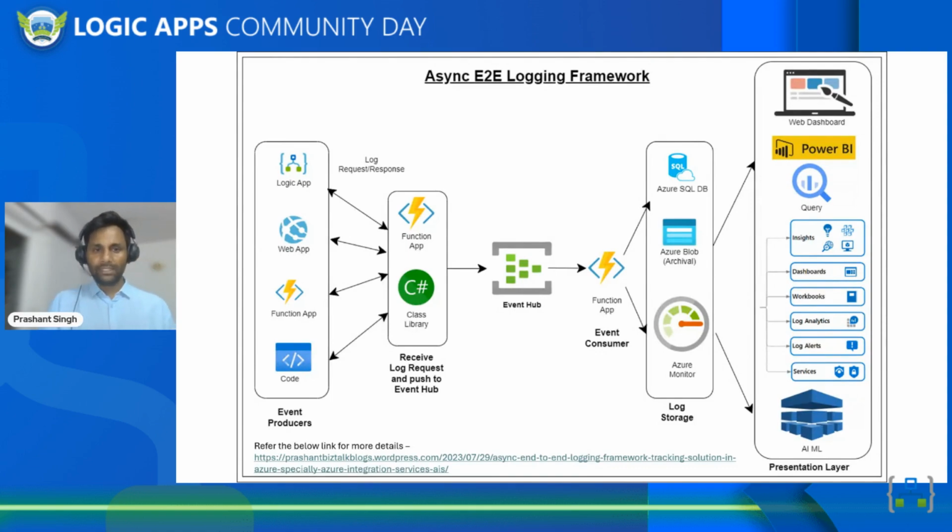And on the basis of these SQL tables, or log analytics tables, we can go ahead and create our own workbooks, or maybe write fancy web pages also. And this will be one of the best things which you have done for your AIS solution, because using this, there is one place where you can look by some correlation ID or tracking ID. You will be able to track the whole journey of this message end to end.